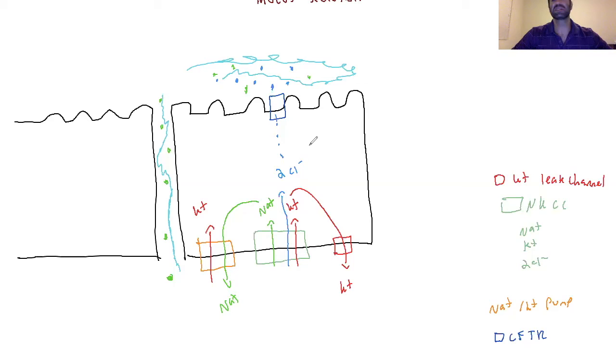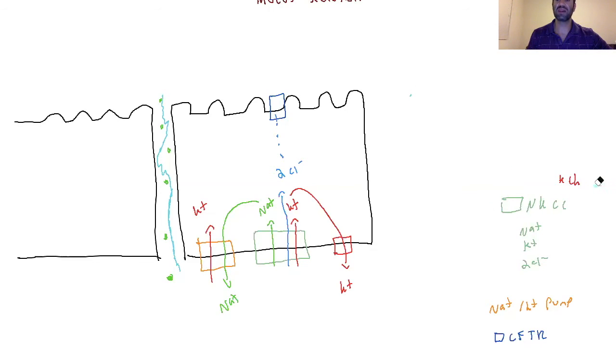Now, what about cystic fibrosis? What's that? Well, cystic fibrosis is a condition where the mucus is very hard, sticky, and very, very difficult to move.